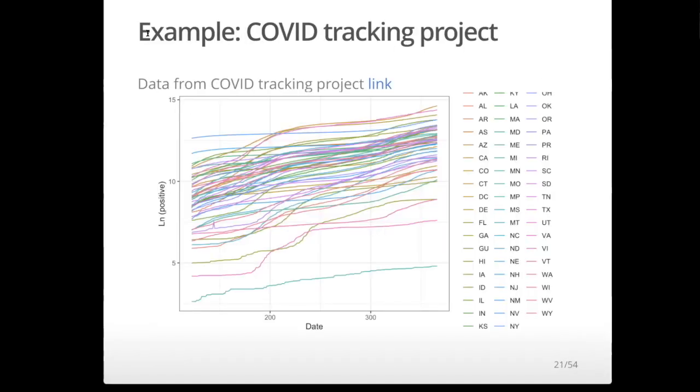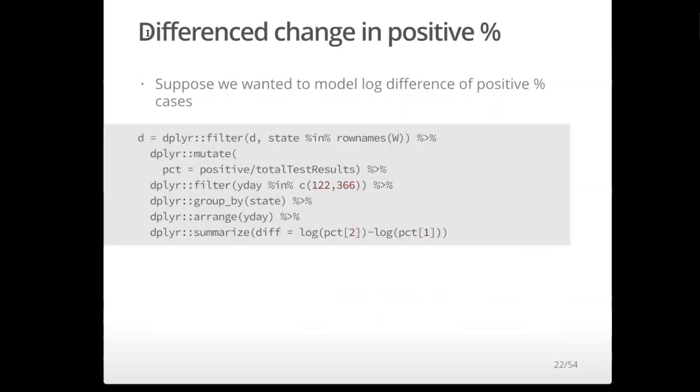One of the things we could think about is some simple summaries that we could try to model here. For example, one might be the difference in the percent of positive cases and how that's changed through time.